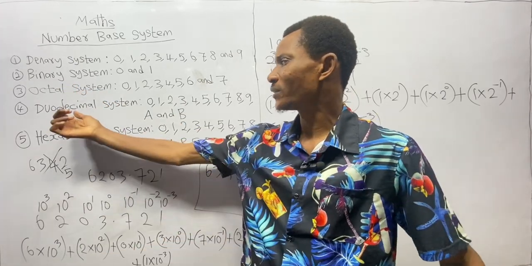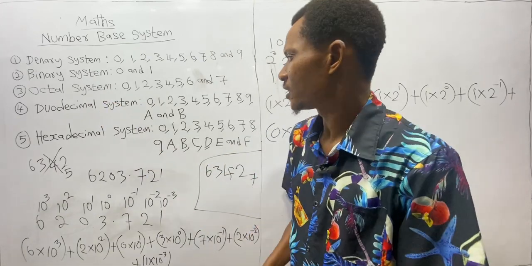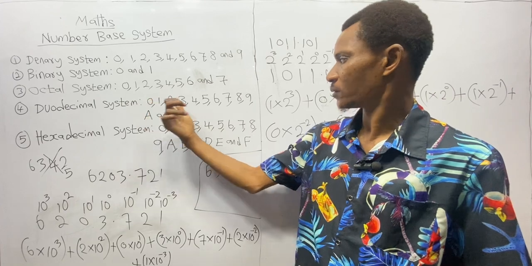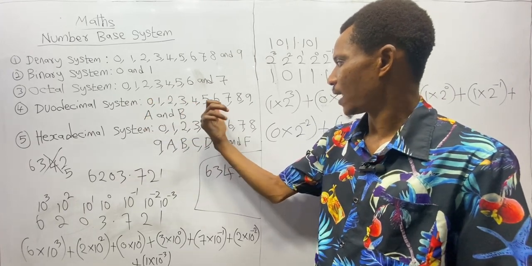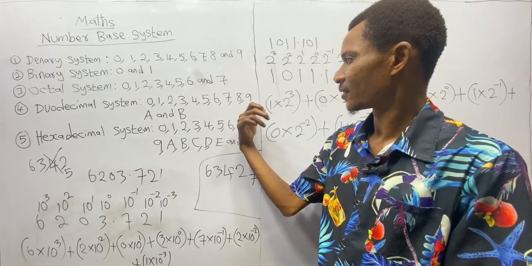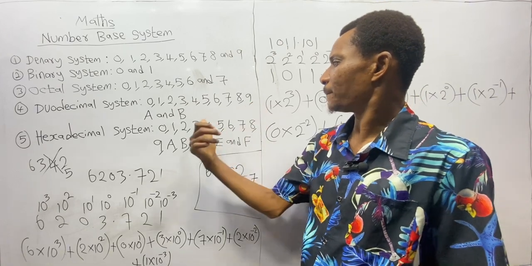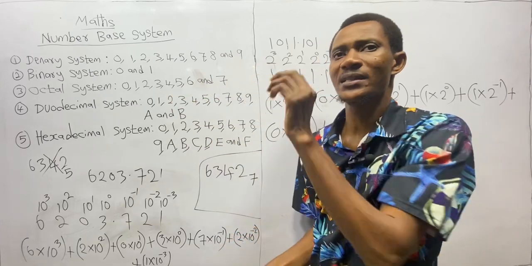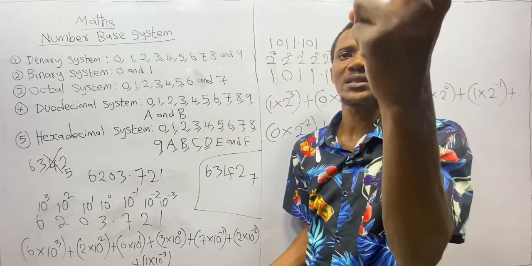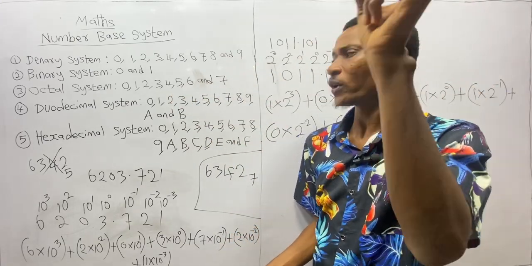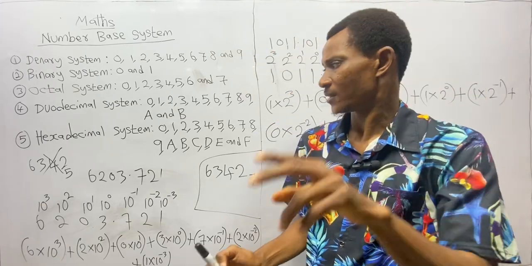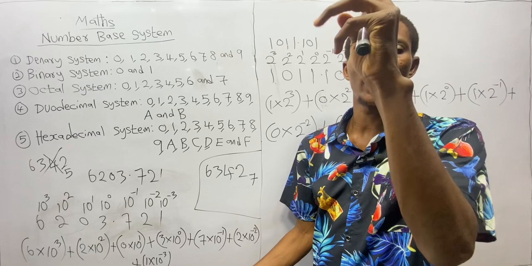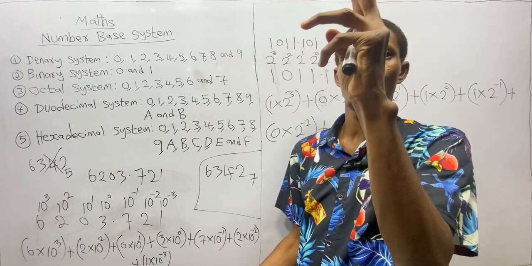Then for the duodecimal system, which is base 12, the digits used are 0, 1, 2, 3, 4, 5, 6, 7, 8, 9. Because 10 cannot be written here, because 10 is 2 digits. So you cannot see 10 as 1 digit. So instead, we have to replace 10 with what? A. A is just a single alphabet, so it's assumed to be a single digit.